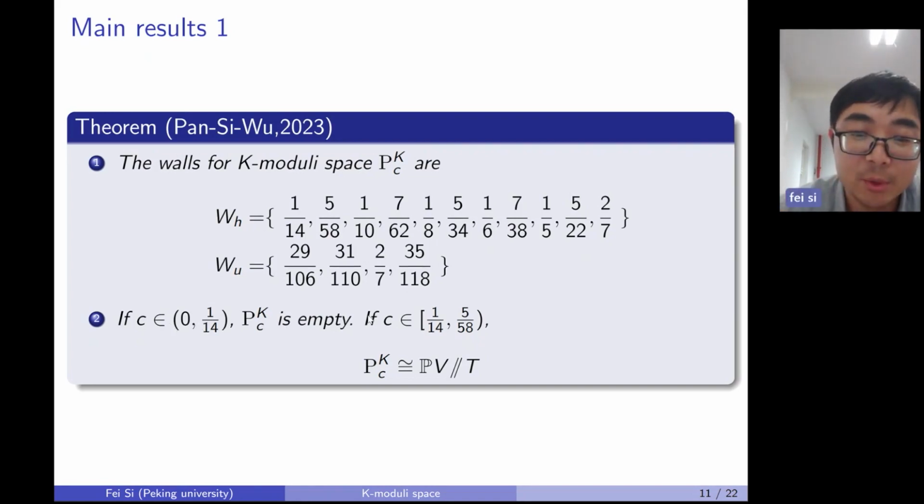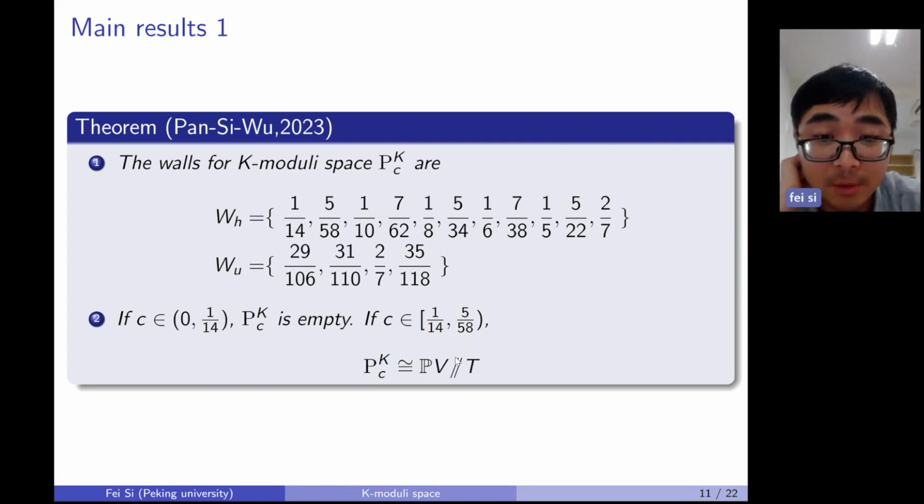Third, we prove that if c is in the first chamber after the first wall 1/14, then we can identify this K-moduli space to the GIT quotient, as we discussed before.